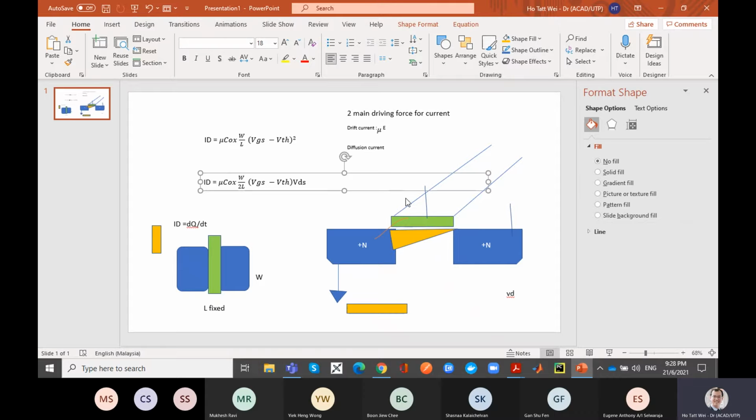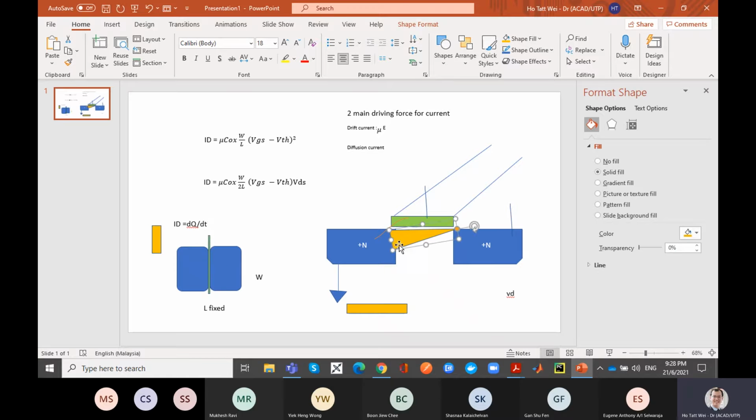What actually happens as you shrink this, you are getting into a regime that is something like this. Physically, you are having a very, very short channel because you're shrinking your gate size like that.